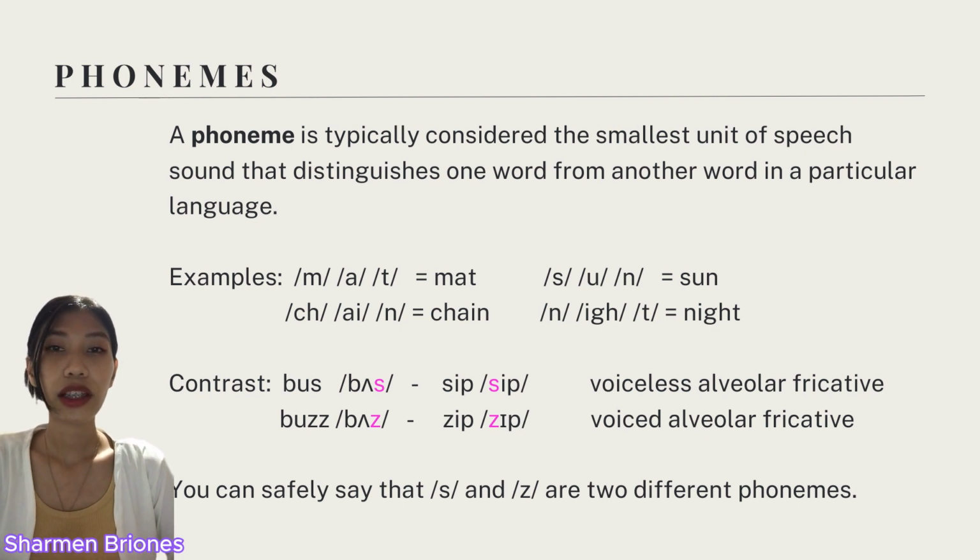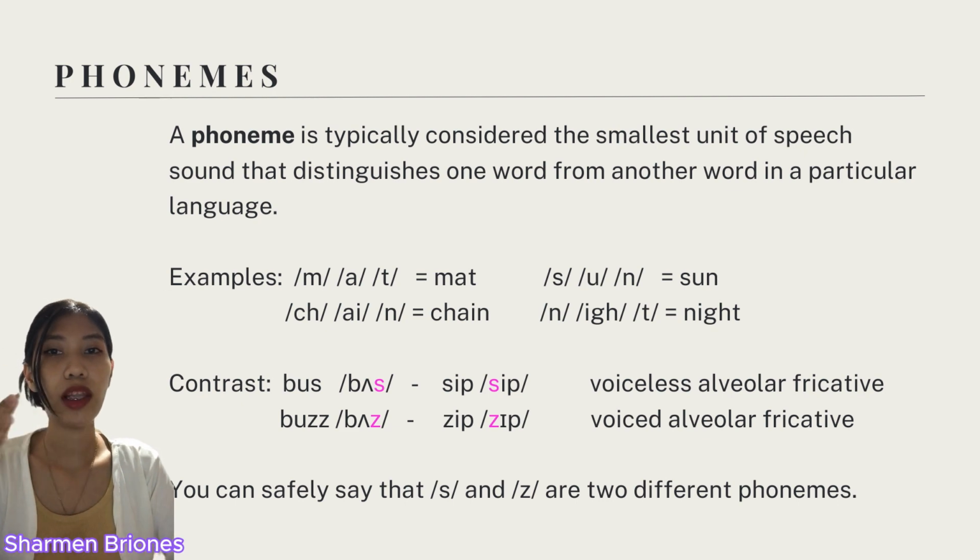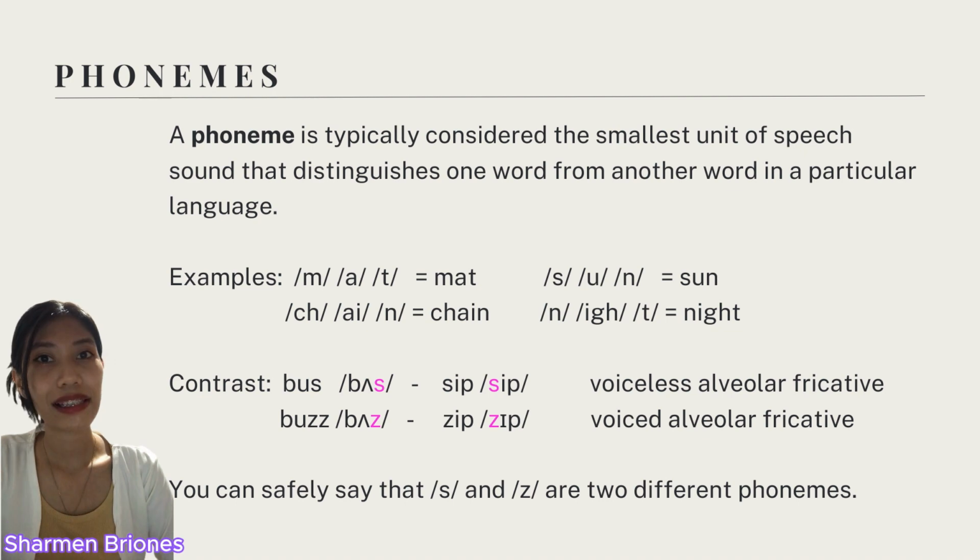If we take a look at this example, we have phonemes M, A, and T, which make up the word mat. Since this is contrastive, an example of contrasting phonemes would be bus and buzz.